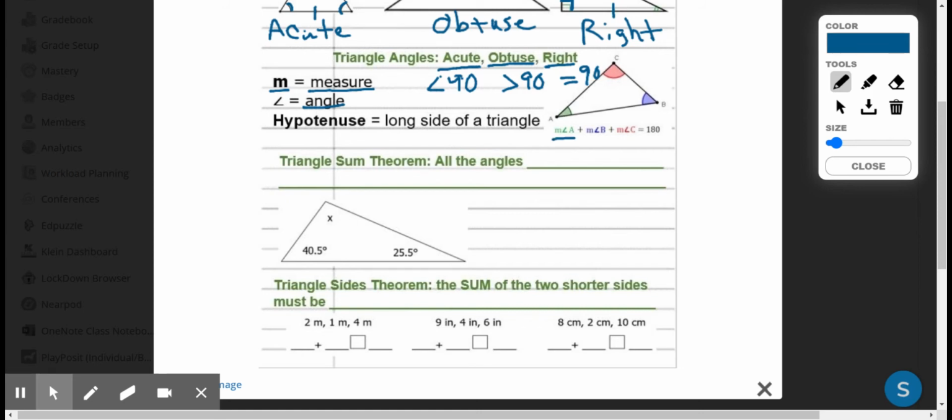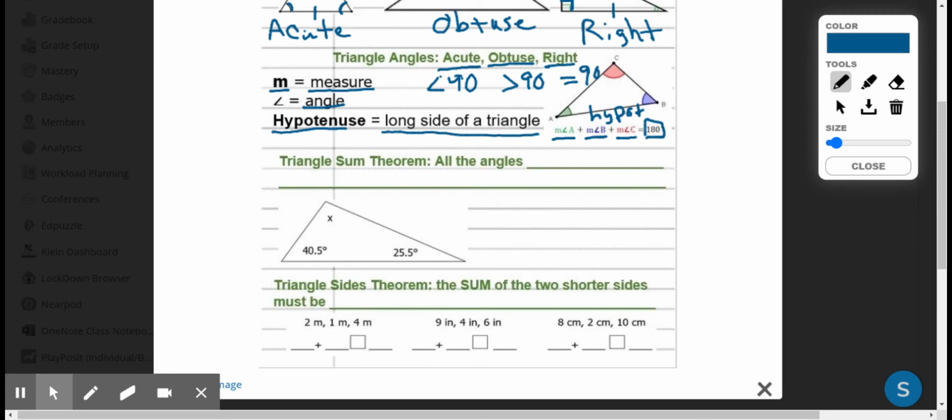So for example, the measure of angle A plus the measure of angle B plus the measure of angle C is equal to 180 degrees. And this would be the hypotenuse of this triangle. The hypotenuse is going to be the long side of any triangle.